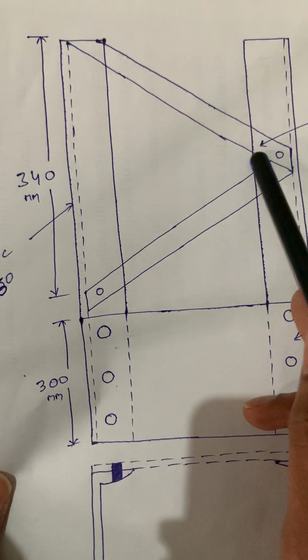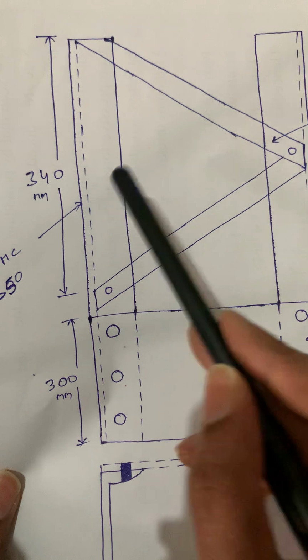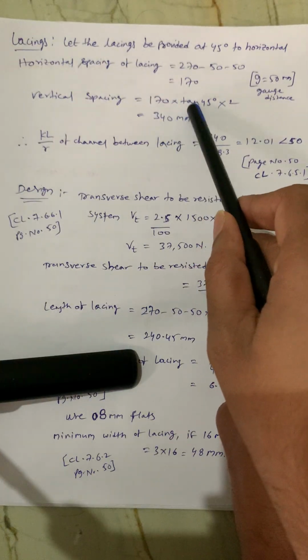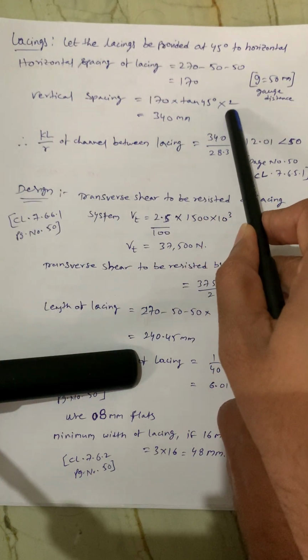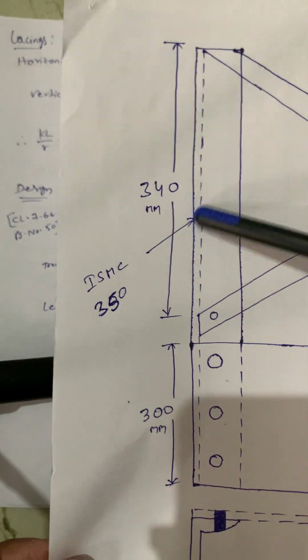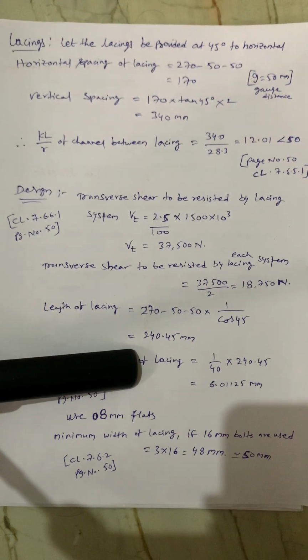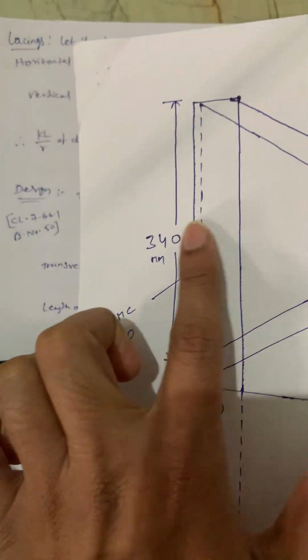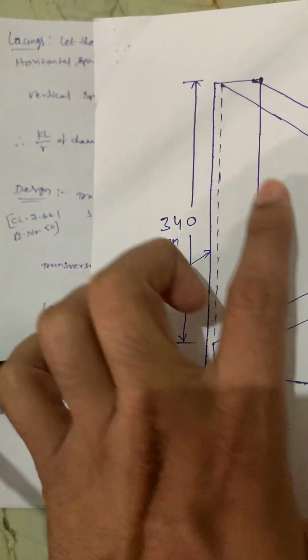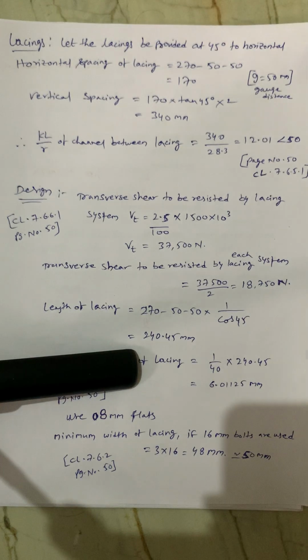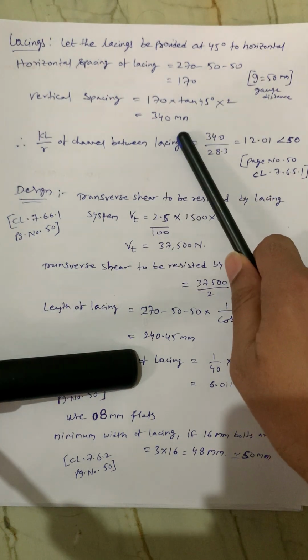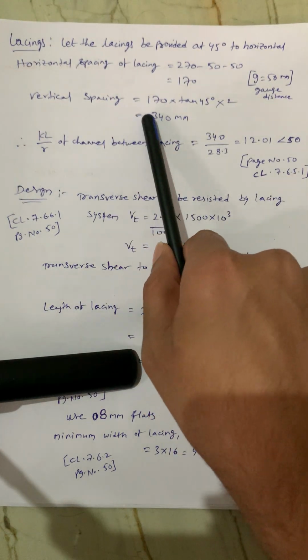So from here, this is a right angle. So 170 into tan 45 into 2. 2 means two sides. I took this right angle, and this right angle is also there, so 1 plus 1, 2. That is 340 mm. This is the vertical spacing.